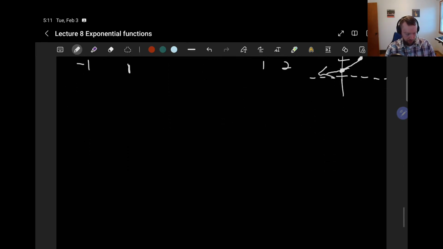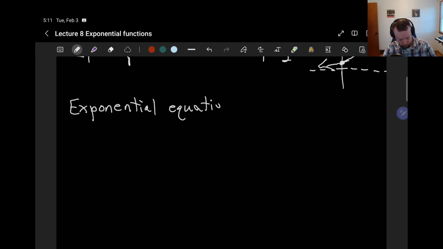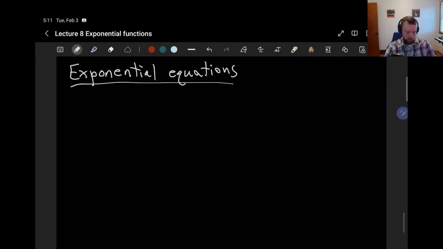Now let's talk exponential equations. So if I have equations involving exponentials, that means my variable x will be in the exponent. So how do we deal with those if we want to solve for x?